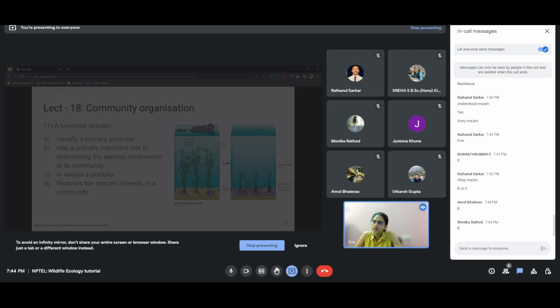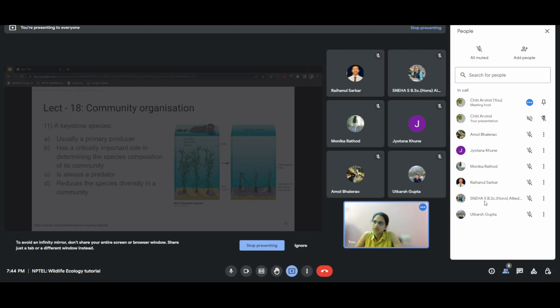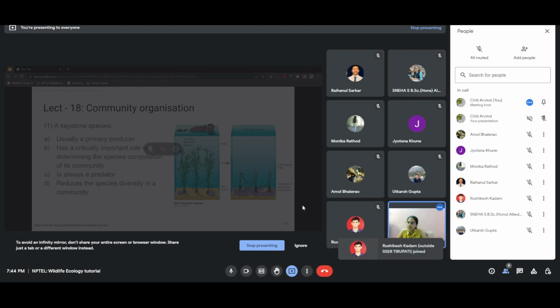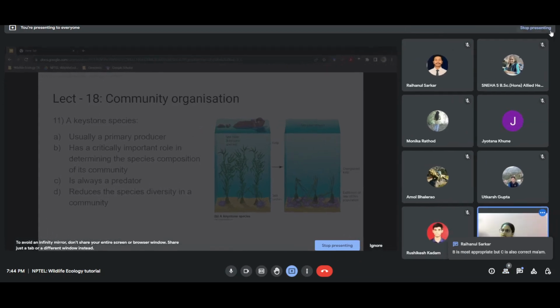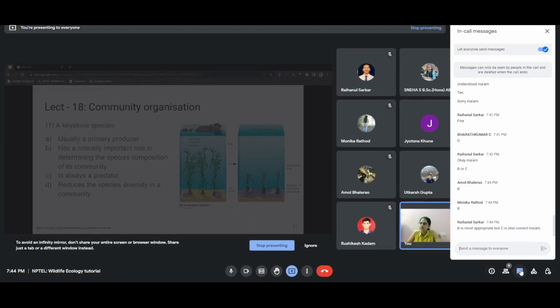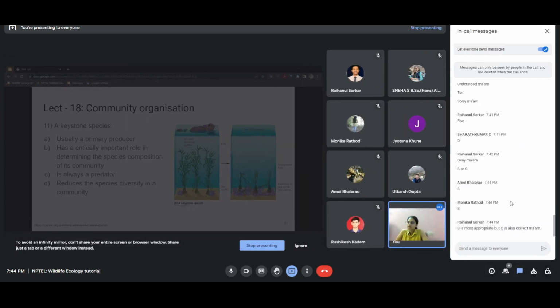Sneha, Jyotsna, Utkarsh. It's only three of you. And now Rishikesh: B is most appropriate, C is also correct. Okay. Any other guesses by the others who haven't replied?